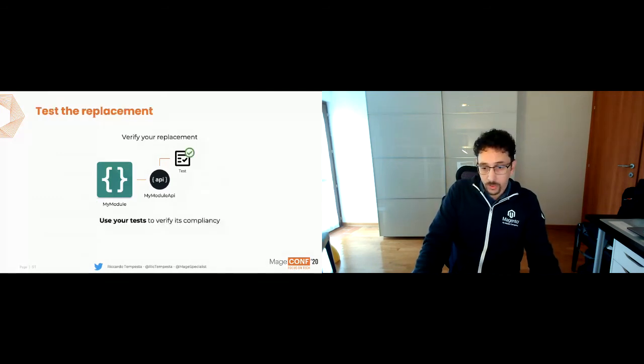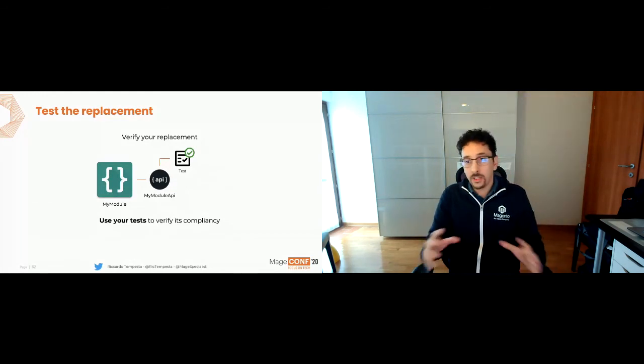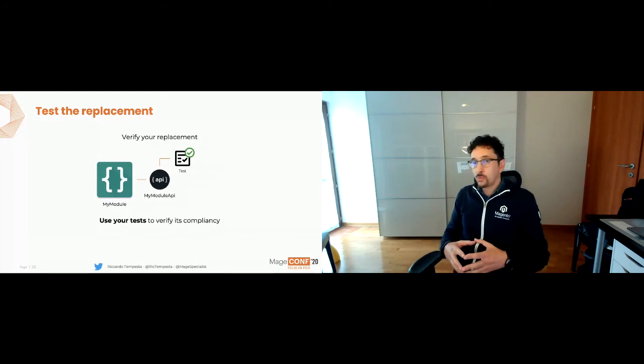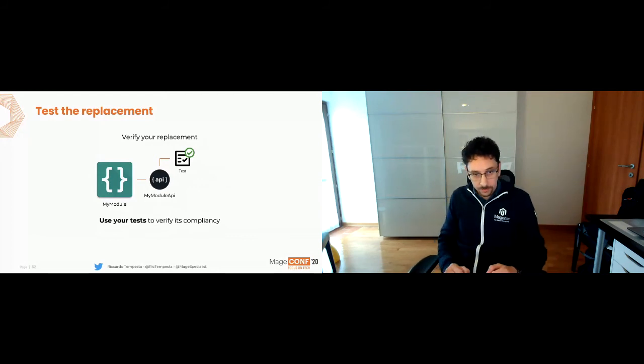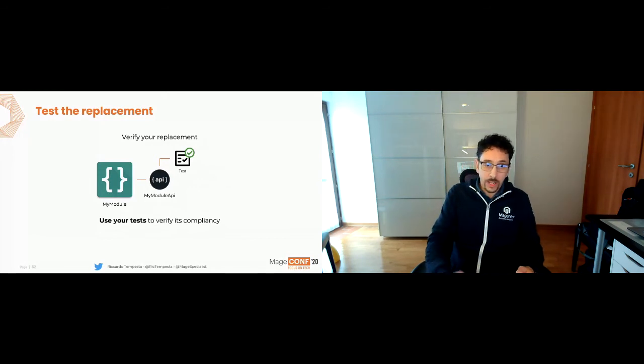Why all this work? It's quite simple, because as soon as you create the My Module API and the My Module mock, you decouple the front-end team and the front-end modules. Actually, to be honest, it's not only the front-end, but whatever is outside your module should be relying only on your API layer.